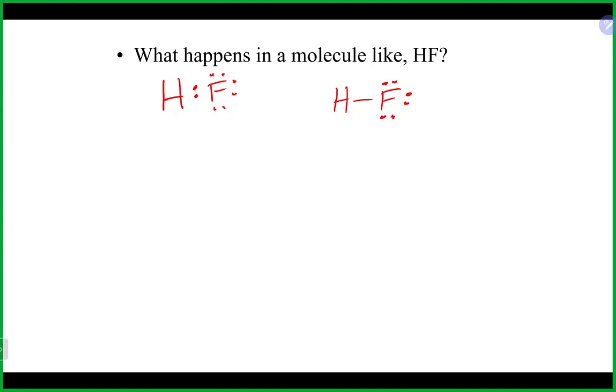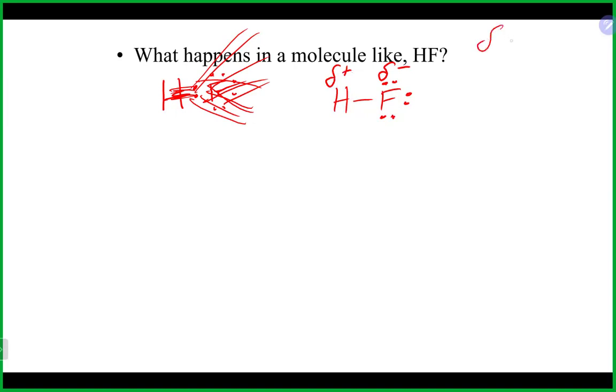The result of that is, if this is the electron density, we would see much more electron density heading that way than over at the hydrogen side. The electrons are shifting towards the fluorine, and that's going to create a partially negative charge on the fluorine and a partially positive charge on the hydrogen.